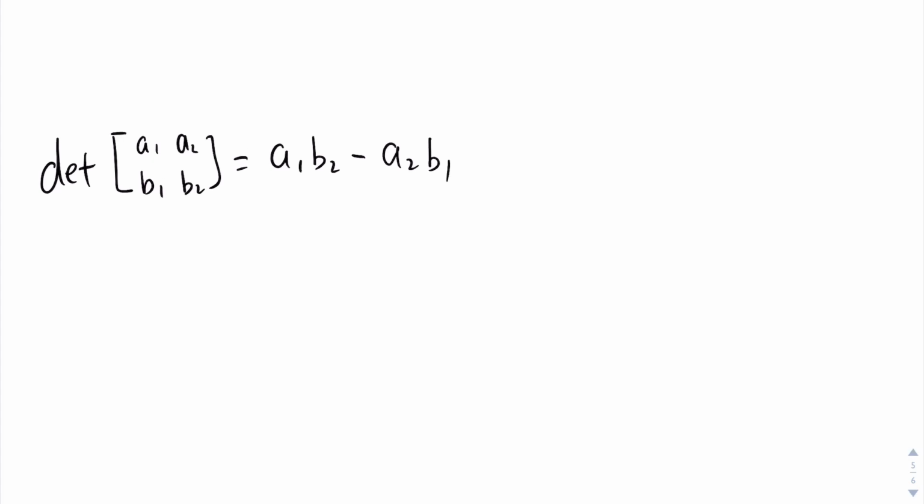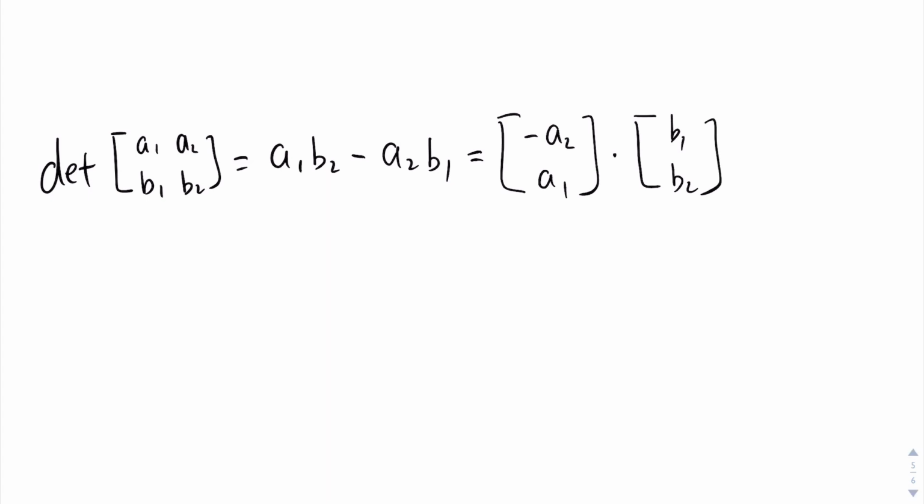So the determinant of a1, a2, b1, b2 is a1 times b2 minus a2 times b1, and it can also be rewritten as the dot product of minus a2, a1 and b1, b2, right?